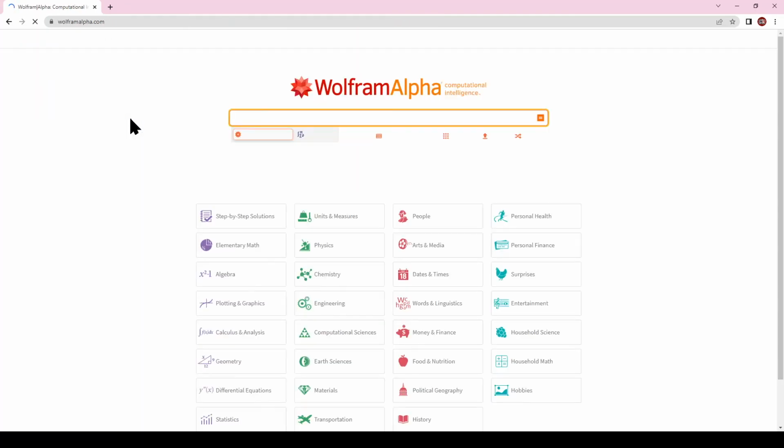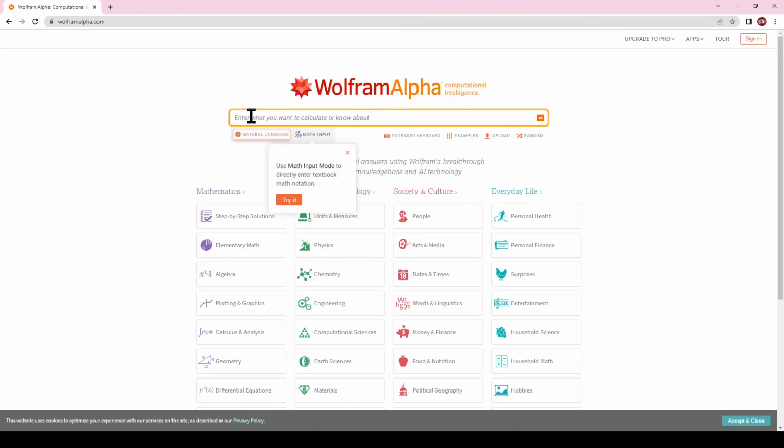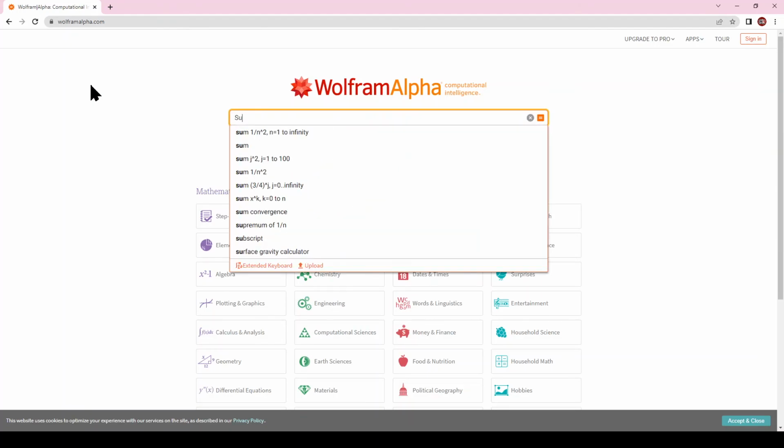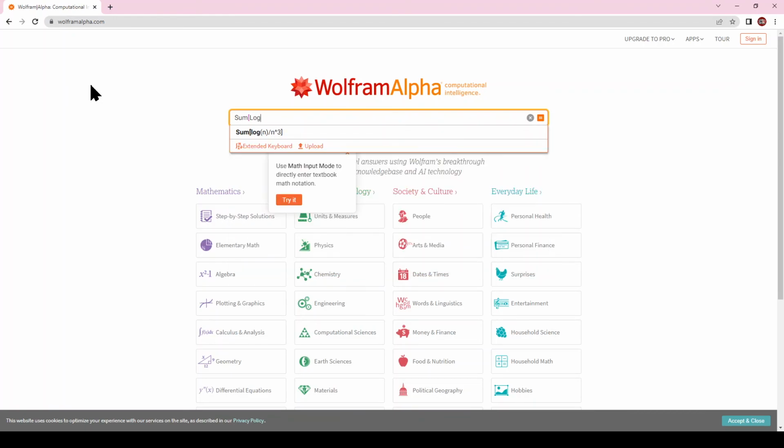Okay, hopefully, because sometimes you have to pay if the calculation is hard. But I don't know the syntax in Mathematica. I know probably it is something like this, and then you write log if I remember. But by the way, this is actually AI. You don't need to follow exact syntax. It tries to understand what you mean, okay? Hopefully.